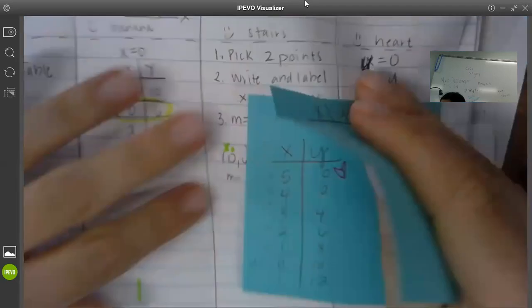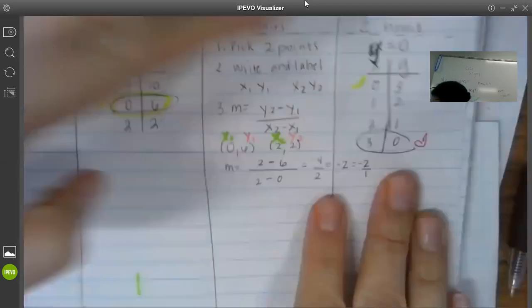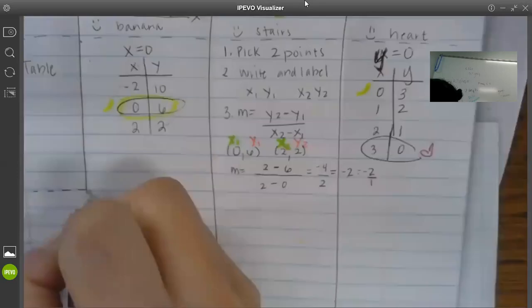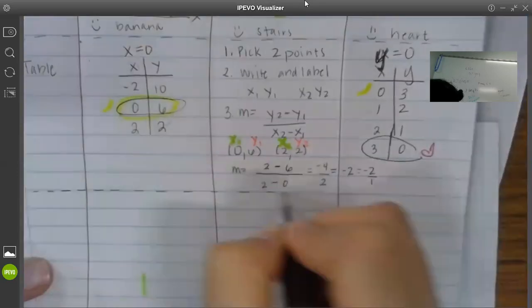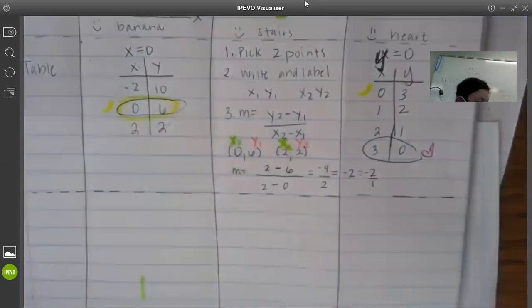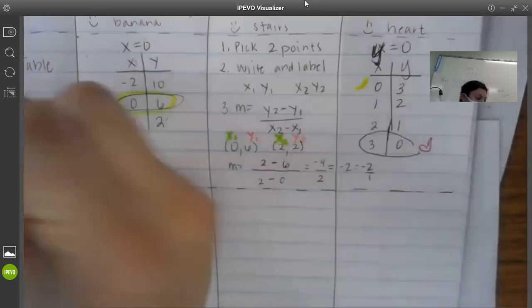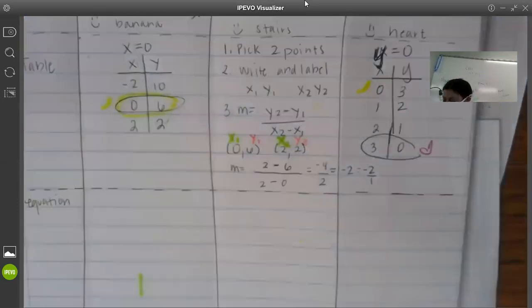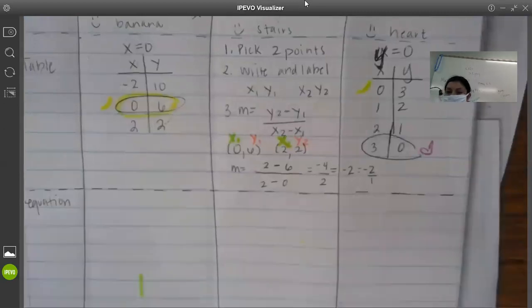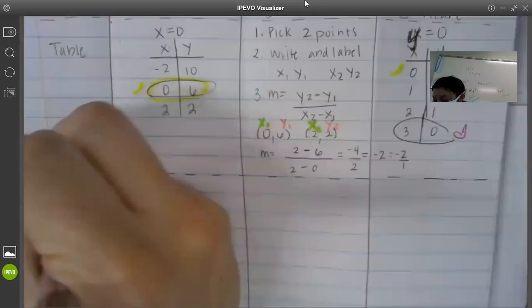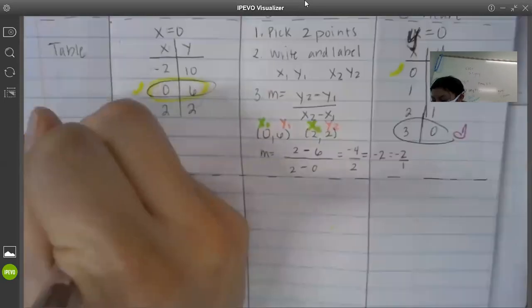All right, so let's talk about the equation. When we do these, we're going to assume that it's written in y equals mx plus b form.